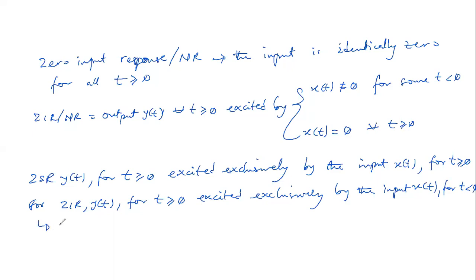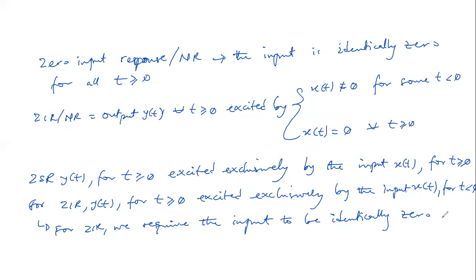Now, we can also conclude that for the zero input response, we require the input to be identically 0 for all values of t greater or equal to 0, like we mentioned here.